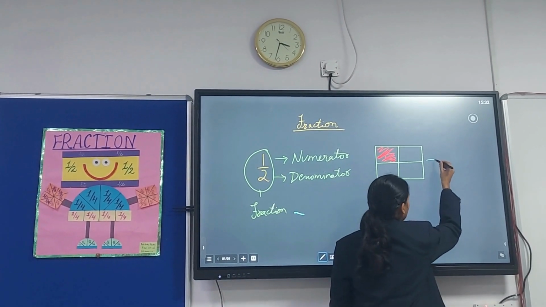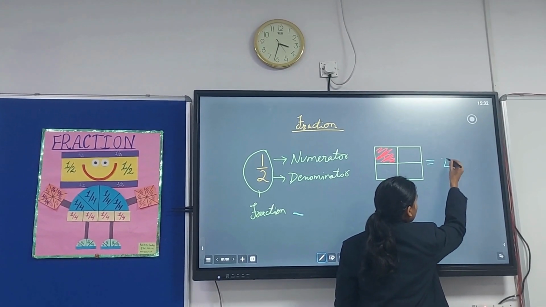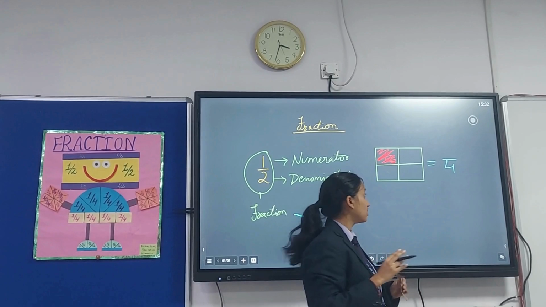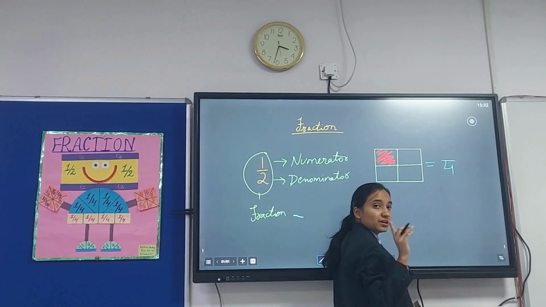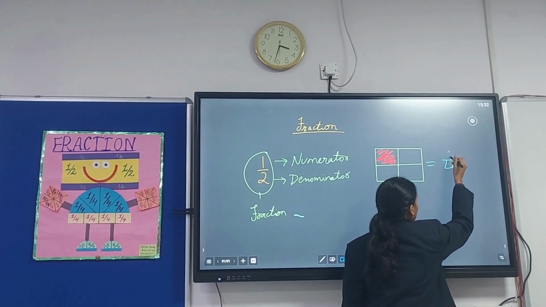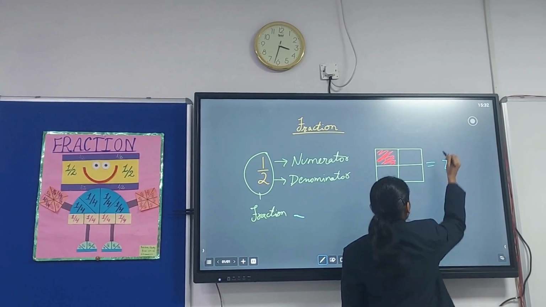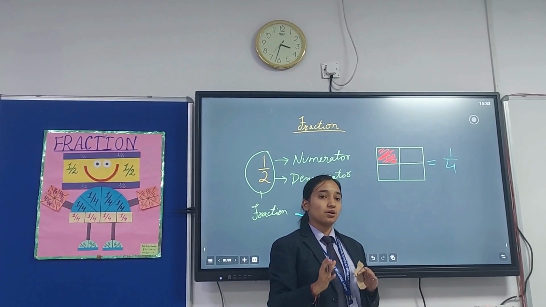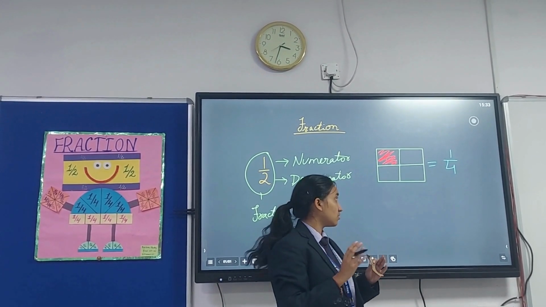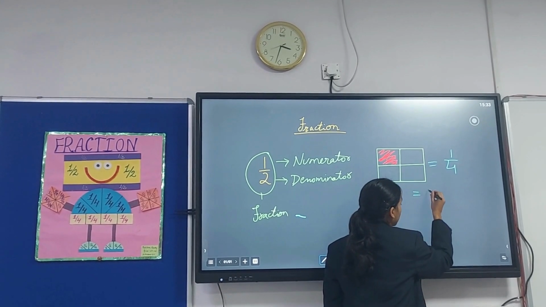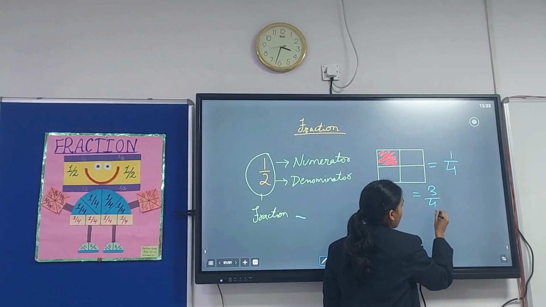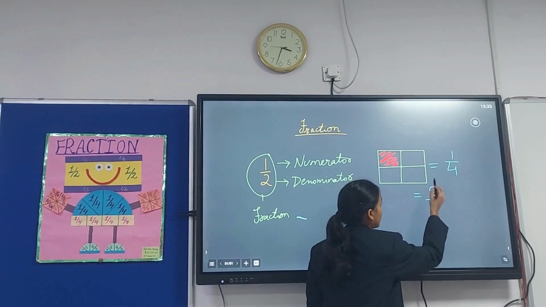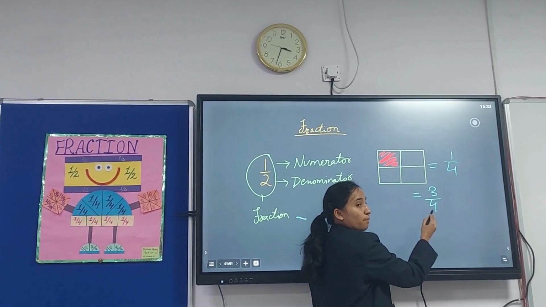Here you have how many parts? 4 parts, which will be written in the denominator, and here one part is shaded. So it will be 1 by 4. Now can you tell me the part which are not shaded? They will be 3 by 4. Why? Because 3 parts are not shaded out of 4 parts.